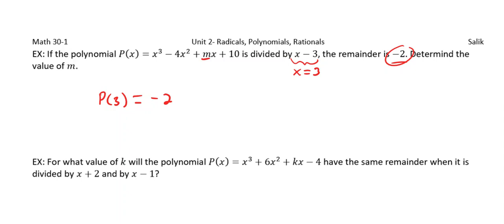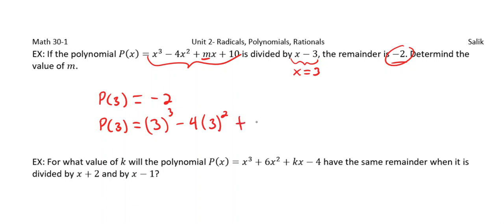So let's write out p of 3: p of 3 is equal to 3 to the power of 3 minus 4 times 3 squared plus m, which I don't know, times 3 plus 10, is equal to negative 2.